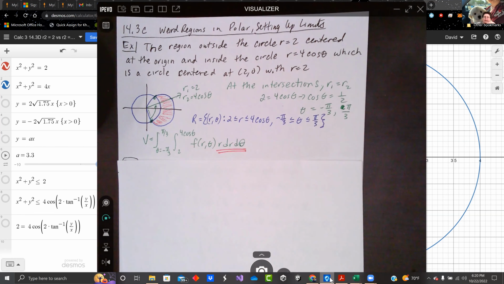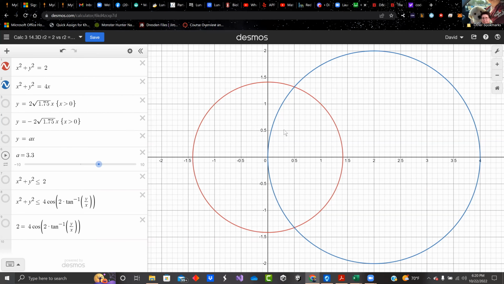What if we wanted the inner area where they overlap? Like right here. I wanted to show that this is actually 3 regions. So if I turn on these lines right here, I start at negative, right here. Notice that the radius goes from 0 to 4 cosine theta.